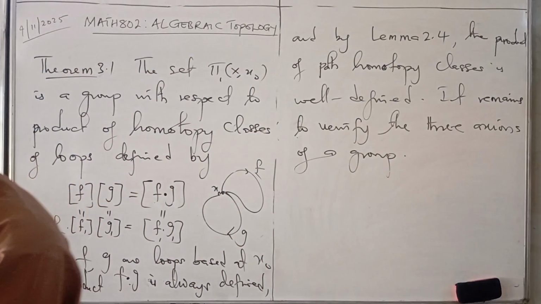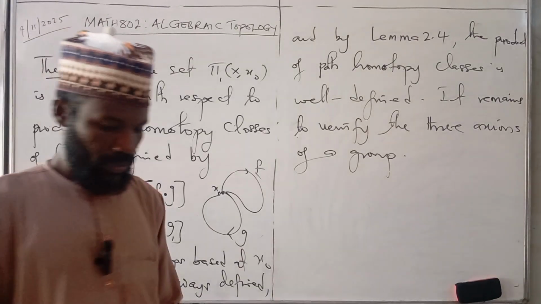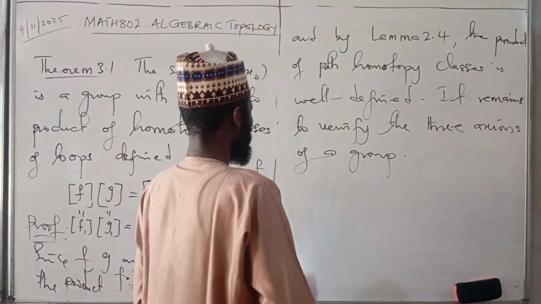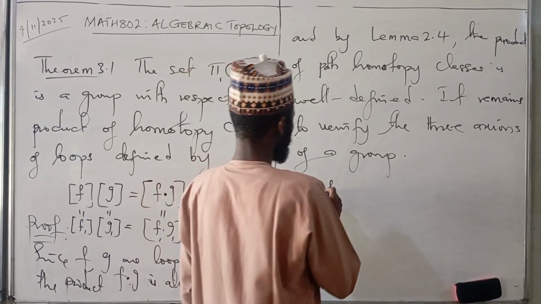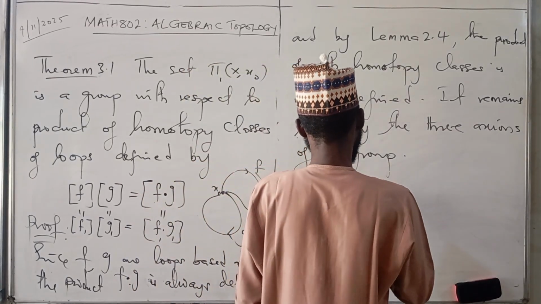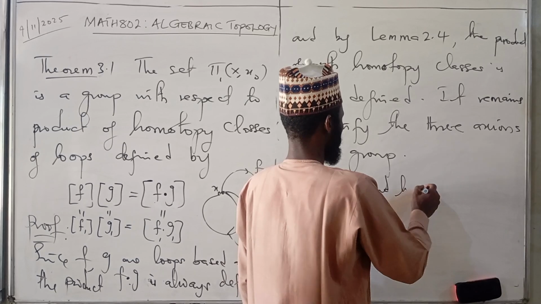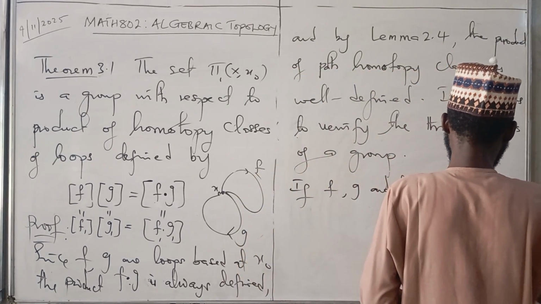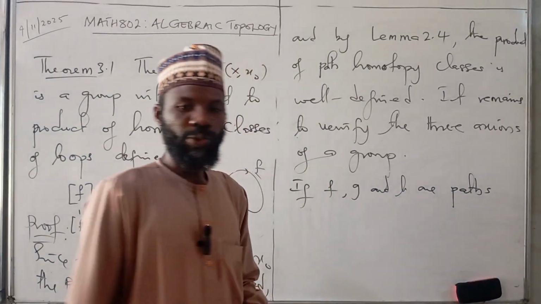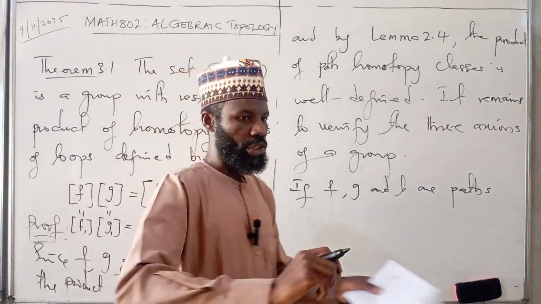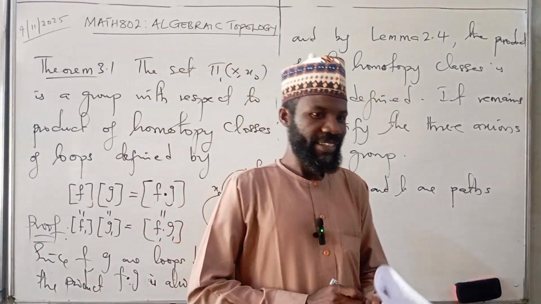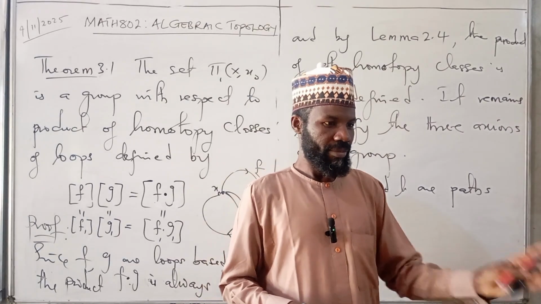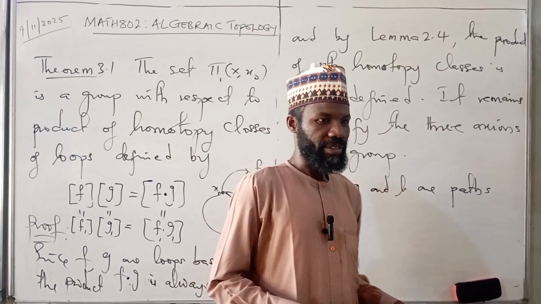Let's start with associativity. Okay? So if F, G, and H are paths, not loops. In fact, I want to show associativity generally for paths sharing the terminal equal to the initial.